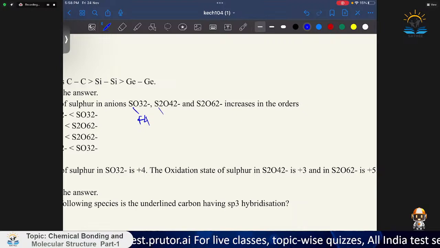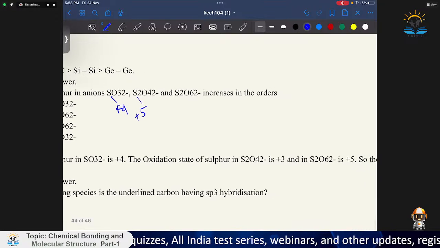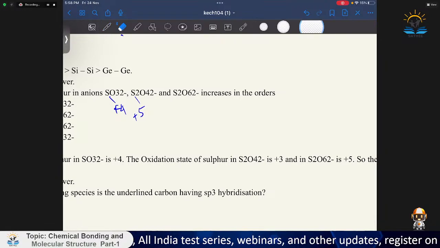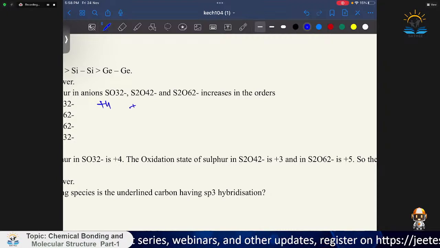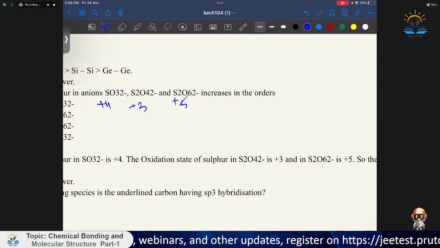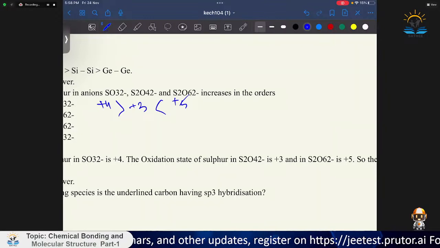For S2O4 2 minus, it is +3. This is +4, this is +3, this is +5. So we have something like this.